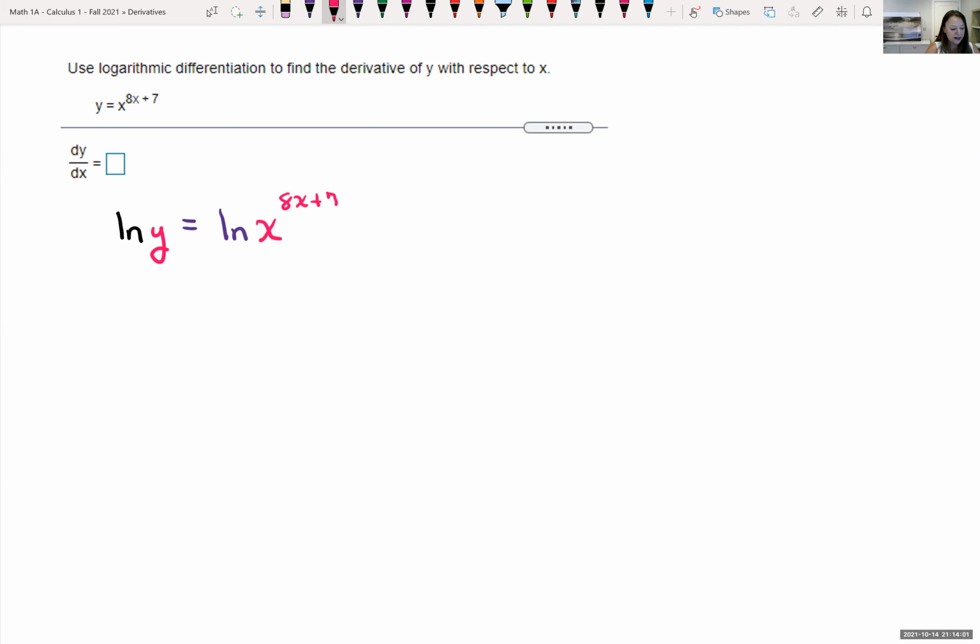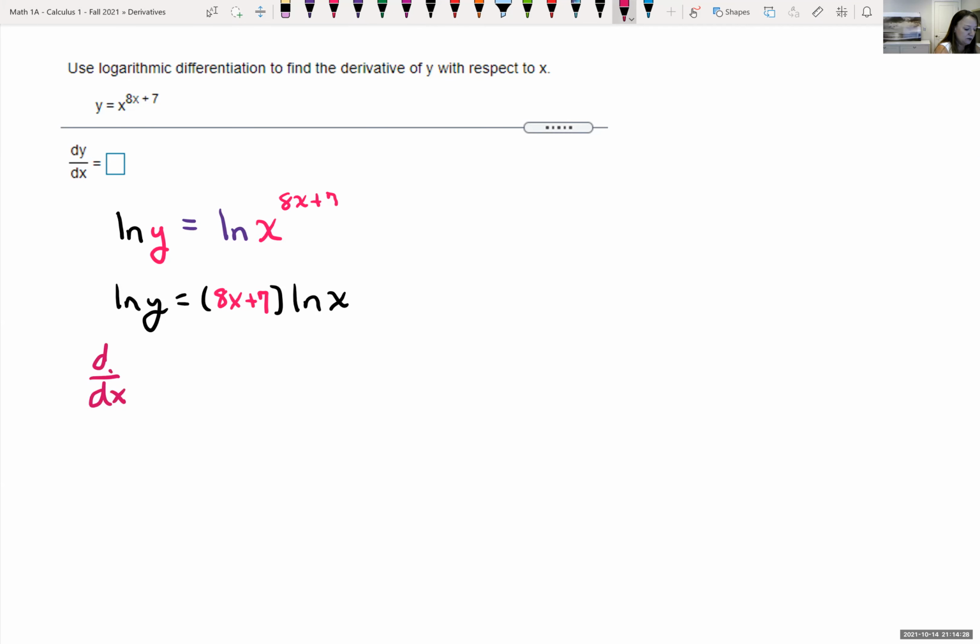So the whole point of that was so that we could bring our exponent down front. And so we have the natural log of y is equal to parentheses around that whole exponent, 8x plus 7 times the natural log of x. So now we can take the derivative of both sides of our equation.